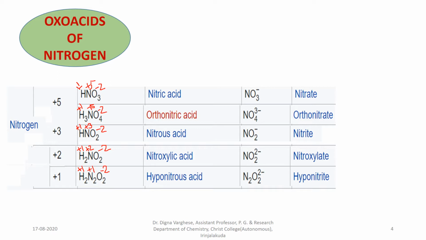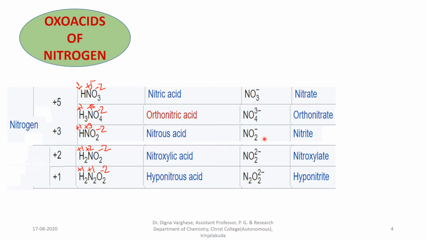And these acids, when dissolved in water, give corresponding salts. That is, nitric acid gives nitrate, so it acts as a monobasic acid. Orthonitric acid gives orthonitrate, so it acts as a tribasic acid. But in this case, orthonitric acid is not isolated, only its salt is isolated.